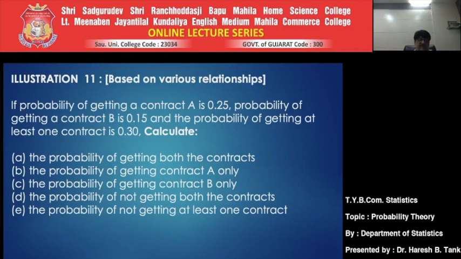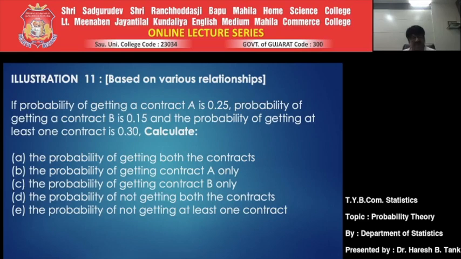What is the next? Probability of not getting at least one contract. Not getting means it is in a complement form. The word at least is used. At least means it is always a union. The connector is or, which is always a union. So probability of A complement union B complement is needed.